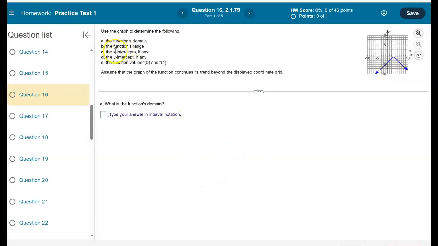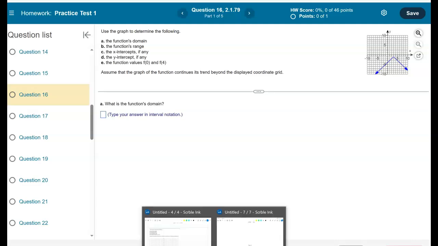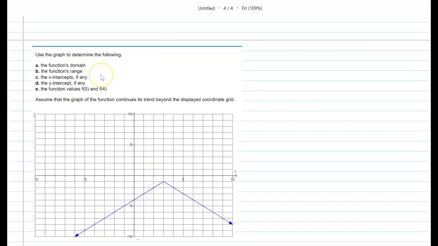Now, for the next question here, we are given the graph of the function. We would have to identify the function's domain, the function's range, the x-intercepts, if there are any, and y-intercepts, if any, and the function values at f of 0 and f of 4. Okay, so I copy that over here.